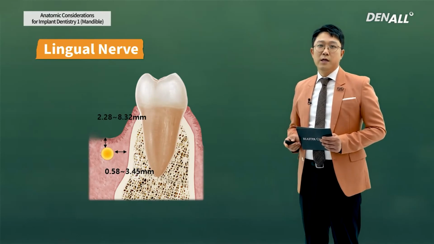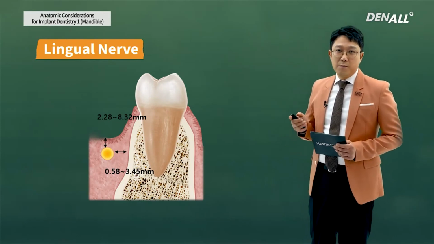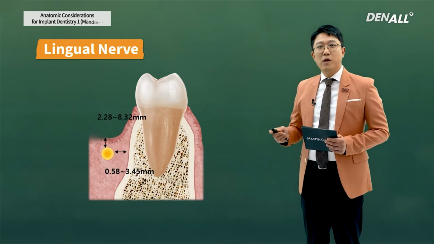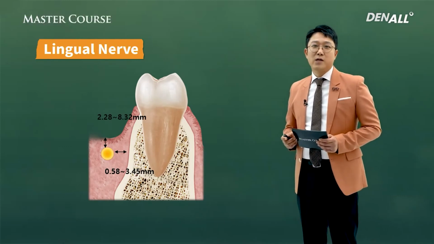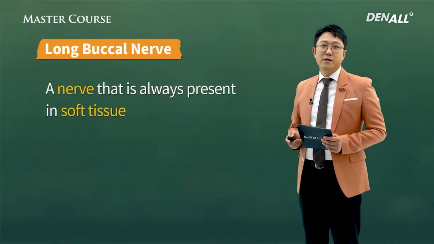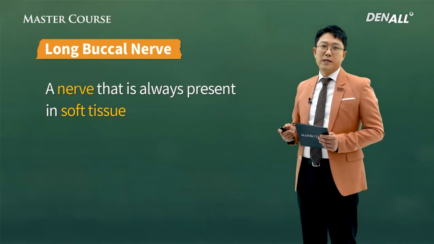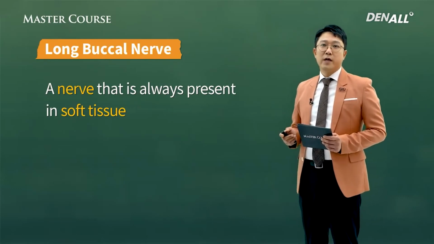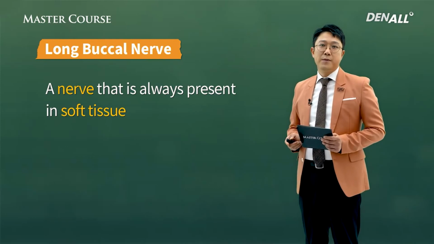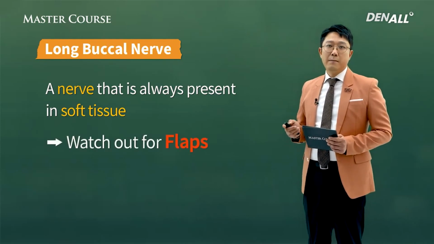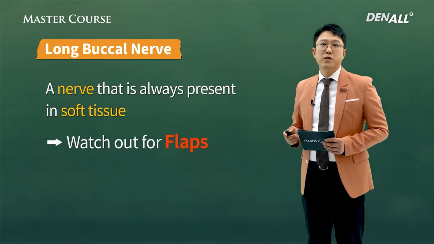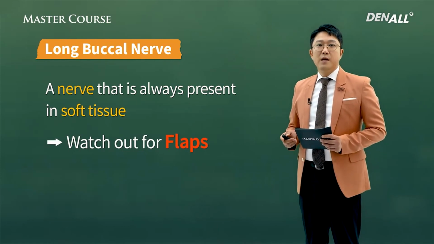It is close to the lingual side of the ridge and also runs horizontally close to it. Some people ask whether the lingual nerve is in bone, but the nerve is always in soft tissue. It is very close to the alveolar ridge at the lingual side of the third molar. Therefore, it requires great caution when you make a flap on the lingual side.